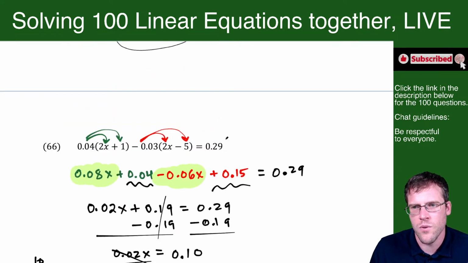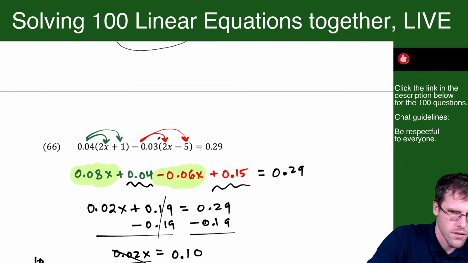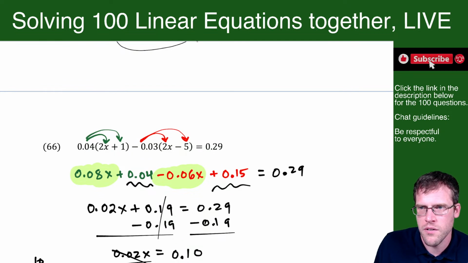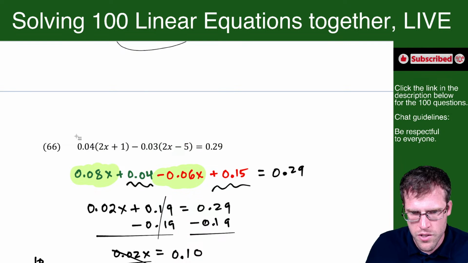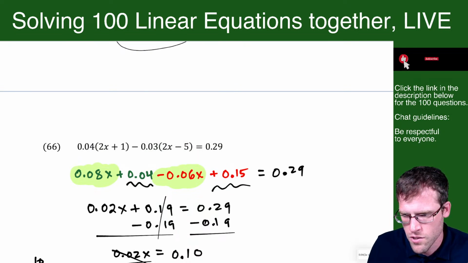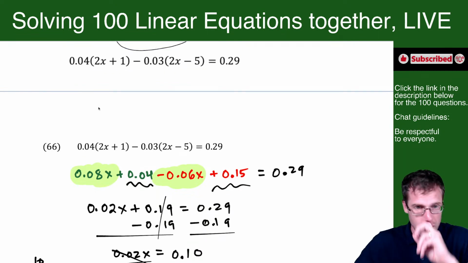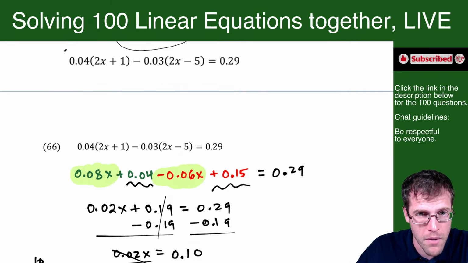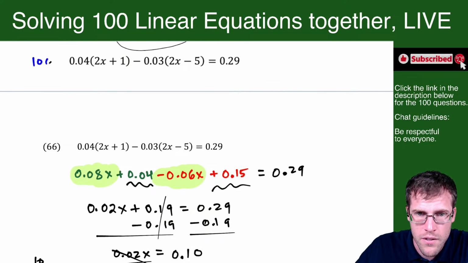So, all right, the other way of doing this, maybe I'll just screenshot this. So let me erase this part and take a screenshot, just to show you the setup. Here is what you could do: you could multiply everything by 100.